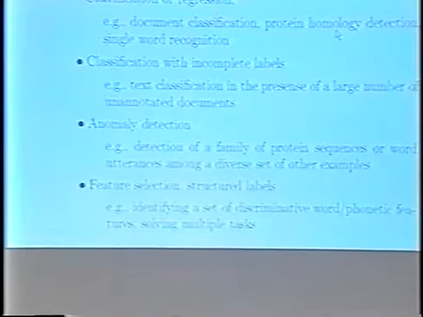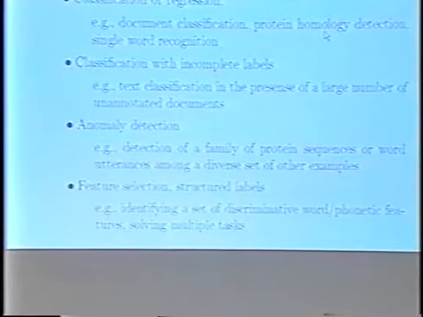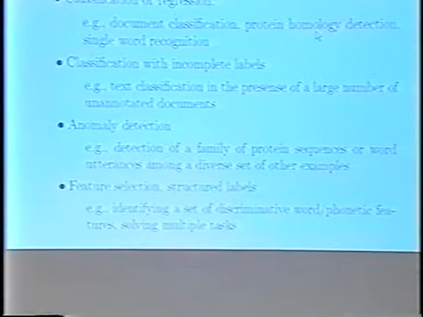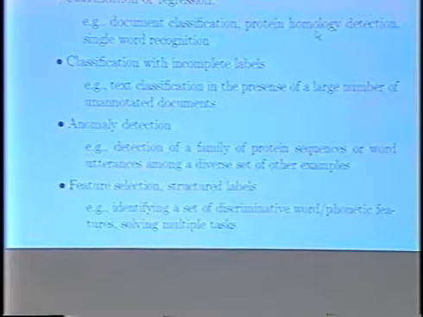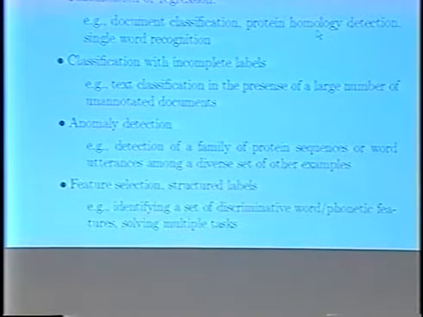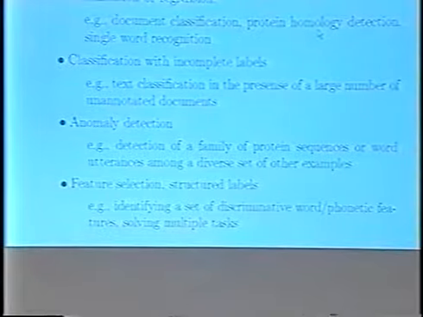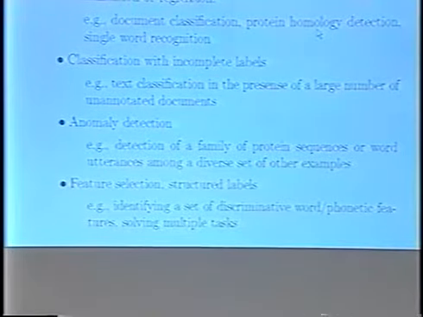Another way where examples or labels can be missing is in the context of anomaly detection, where you have examples from only a single class. But you nevertheless want to discriminate examples in that class against a diverse set of other examples that there might be.